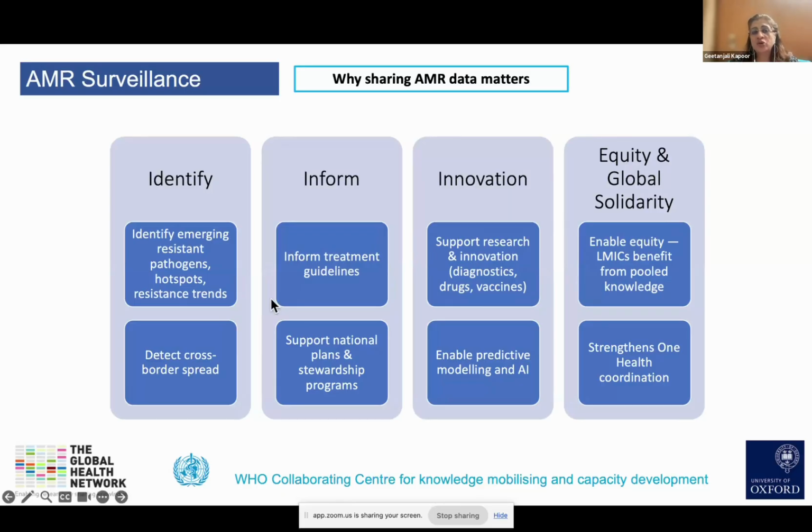We would like to know which are the pathogens of concern today, which are the regions where it's originating, what we call the hotspots. And what is the trend over the few years? That's important. And how does this help us? It helps us tweak our standard guidelines or our health programs, and also inform the treatments.